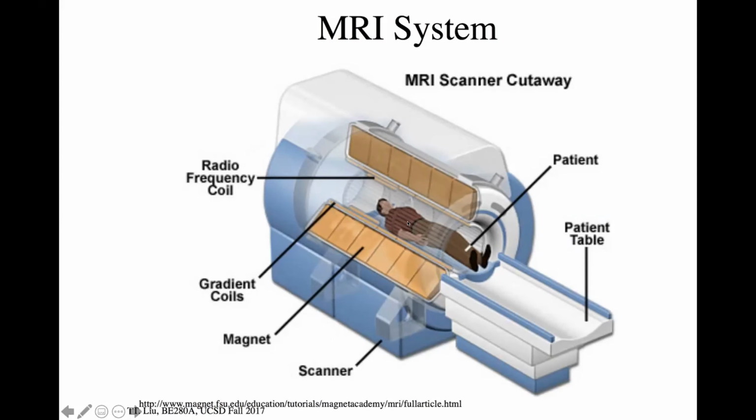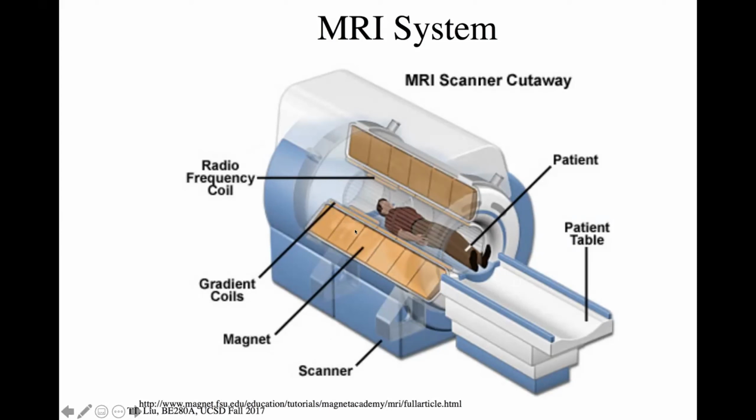And the magnetic field points essentially in this direction, along the tube. There's a patient table, such as with CT, where you can move the patient up and down in this superior-inferior direction to position them in the center of the machine.